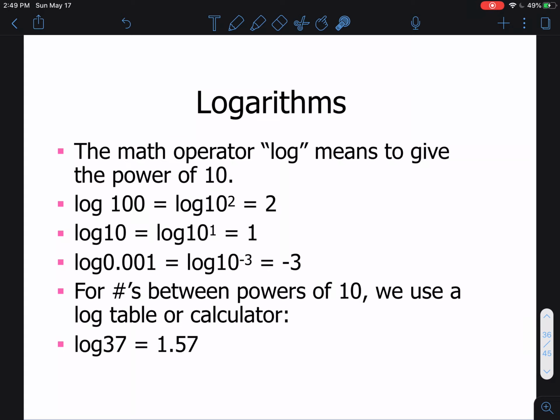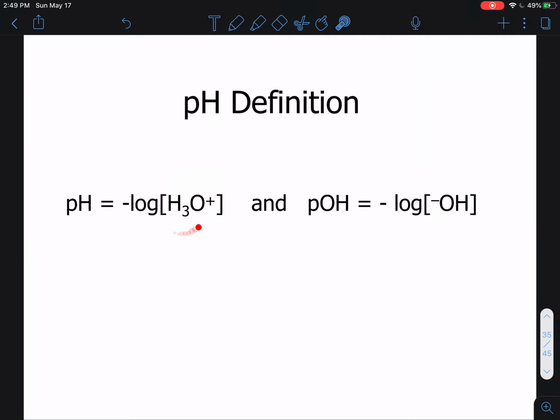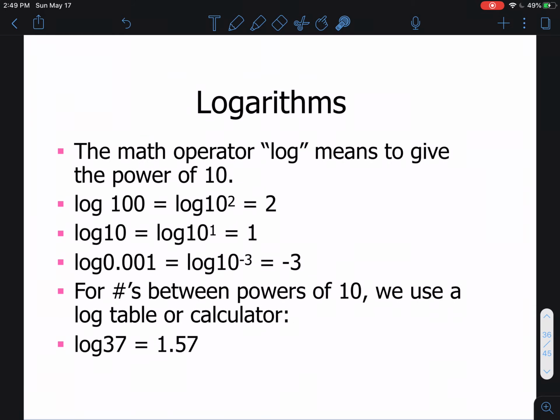So that's why we convert, especially for the hydronium ion concentrations, from just straight concentration. We take the log of it to get pH, because this allows us to evaluate the concentration on a more intuitive scale. You'll see what I mean in a second.